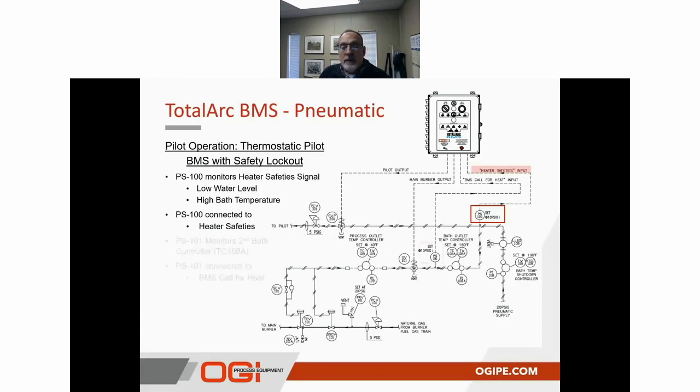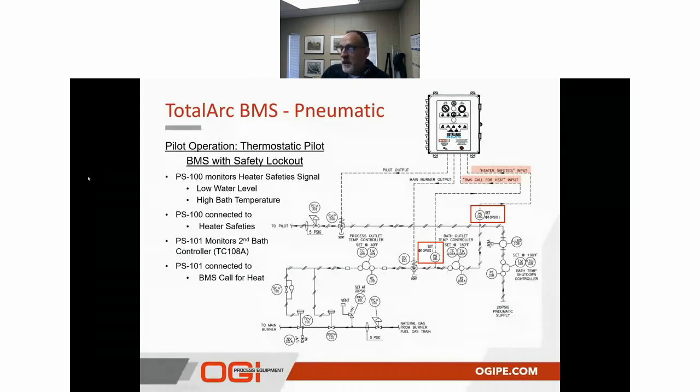And then it's taking the PS 101, which is a new or an additional pressure switch, and monitoring a bath temperature controller. Now, with that, it's going to require the addition of a second bath temperature controller over what a standard heater would require.